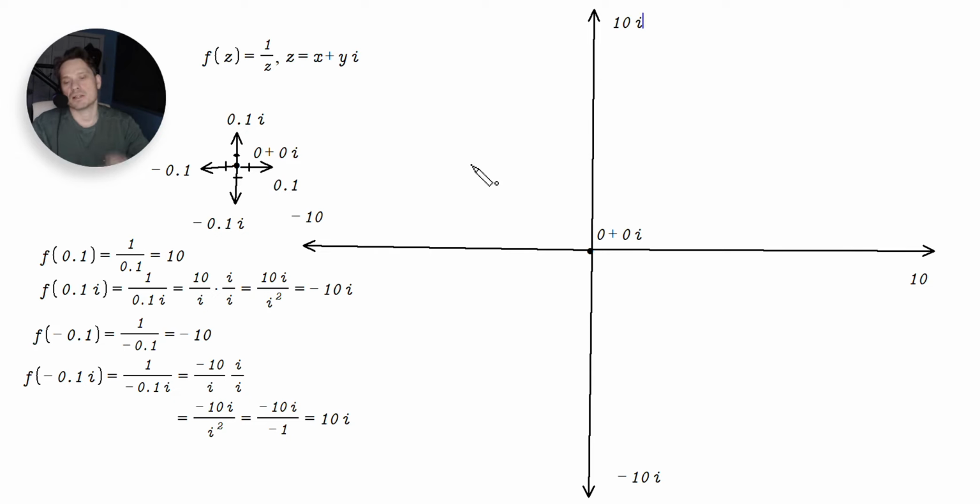If I took each of those and fed it into 1 over z, the outputs would be bigger still. So this is one way to think about it. The image, so to speak, as you approach the origin, the image from the division produces complex numbers that tend away from the origin. Okay, so that's one way.